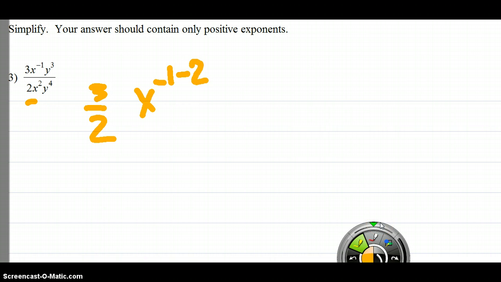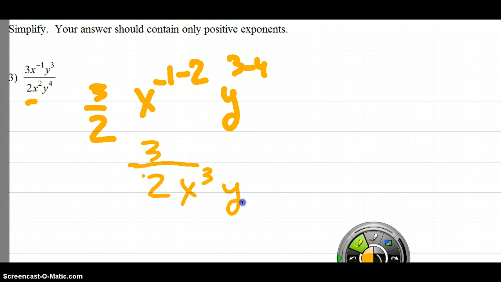And then y, 3 minus 4 would be a negative 1 also. So when we have negative powers, we would look at our multiple choice. Negative powers mean that they're in the bottom, so we should see an x cubed in the bottom and a y to the first in the bottom because of negative powers.